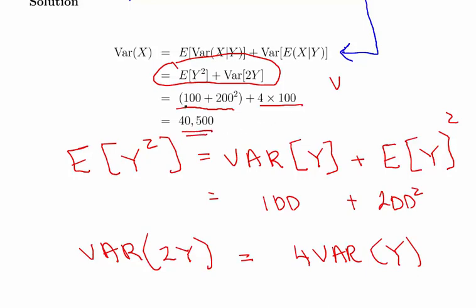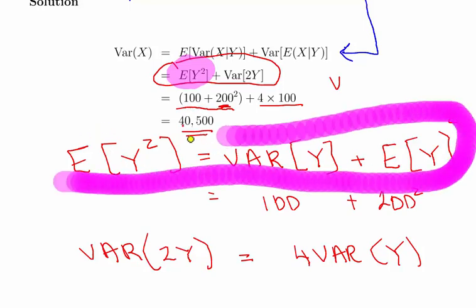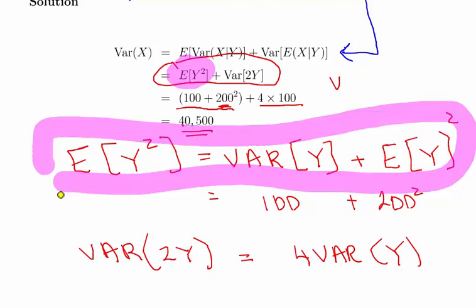Overall, that's 100 plus 200 squared, remembering that the square is inside the bracket so it refers to the 200 only, plus 4 times 100, which gives us 40,500. This bit you should watch out for, it might trick you, but remember this expression is just a reworking of the standard expression for the variance of a random variable, just rearranging it.